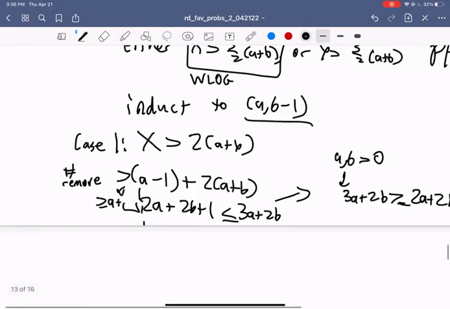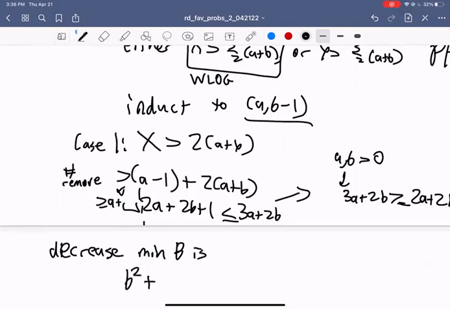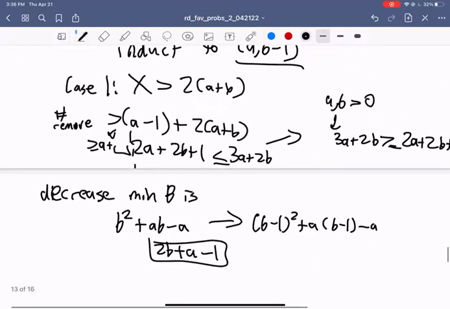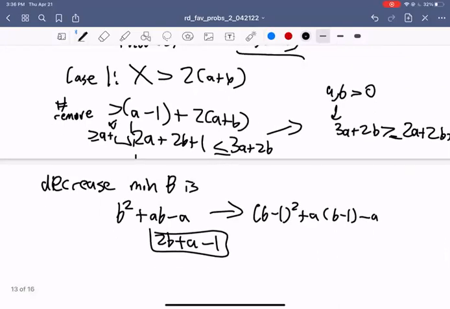And the decrease in minimum for our bronze cells is, it goes from B squared plus AB minus A to B minus 1 squared plus A(B minus 1) minus A. So the decrease is 2B plus A minus 1. And we want to show that we can take enough amber cells such that this is not an issue.